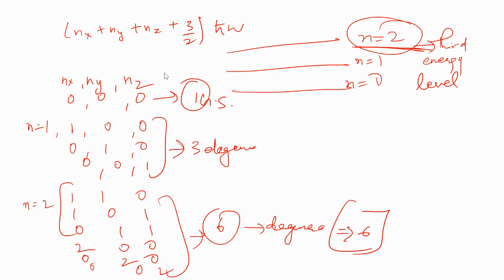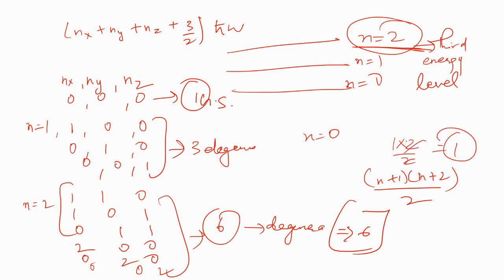Yes, this can be done easily. There is a degeneracy formula for the harmonic oscillator: (n plus 1)(n plus 2)/2. This is a straightforward formula. If you put n equals 0, you get 1 into 2 divided by 2, which is 1, so there is no degeneracy. When n equals 1, 2 into 3 by 2 gives degeneracy 3.